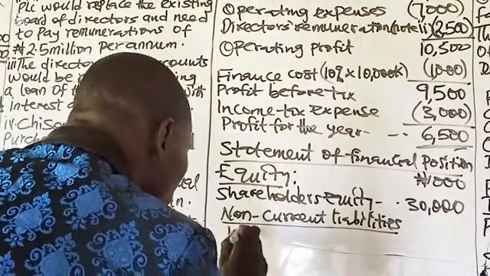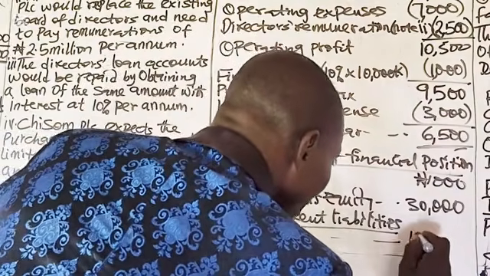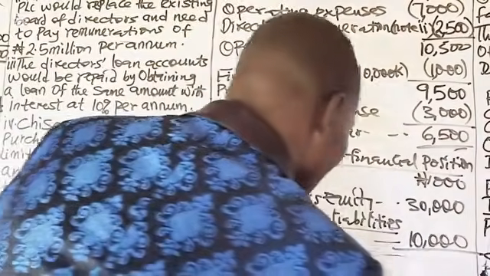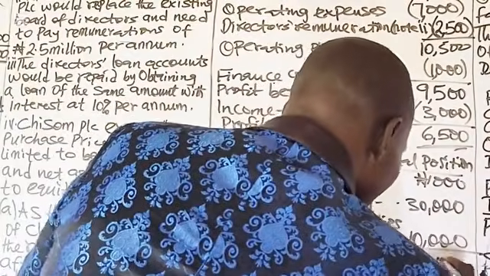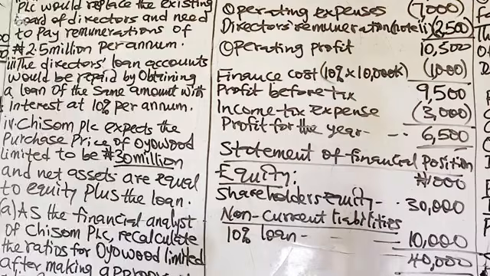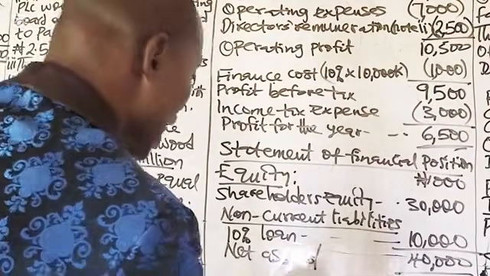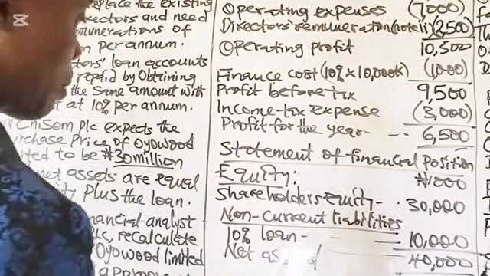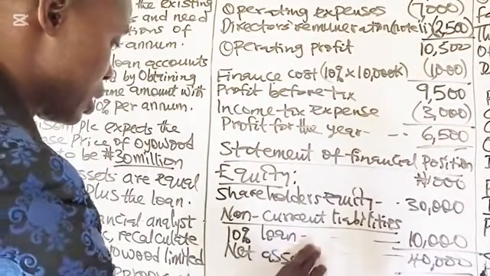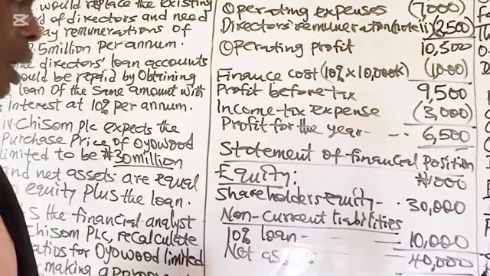So 10% loans of 10 million will be obtained, which means the net assets, or capital employed, will be 40 million. Remember, capital employed is shareholders' equity plus the loans.